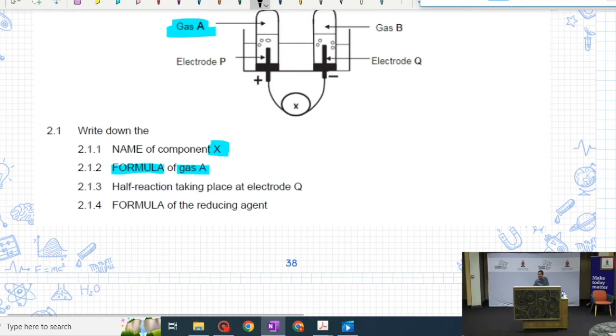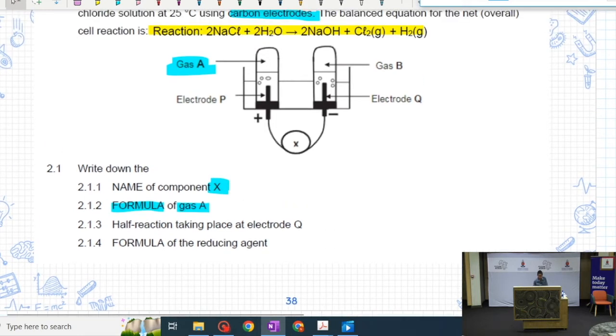What takes place at the anode? Oxidation. So over here we have an ox. And over here we have negative cathode, right? Red cat. That is what panic is going to help you with.